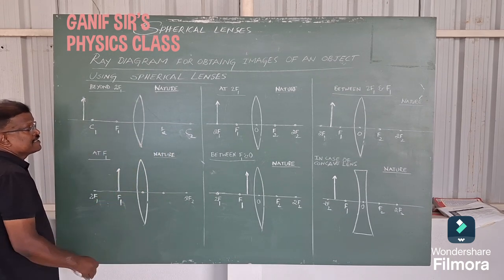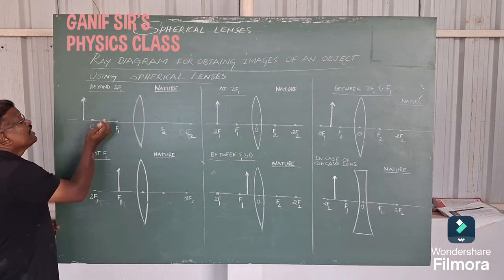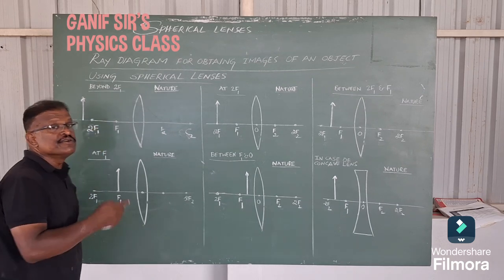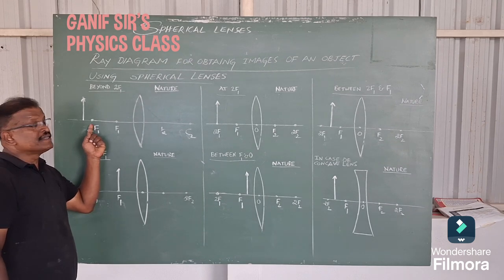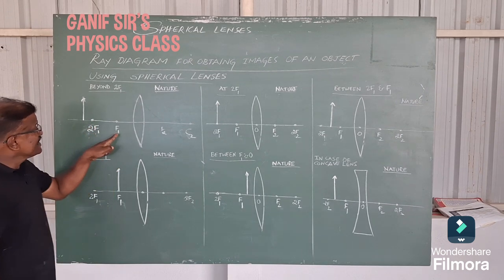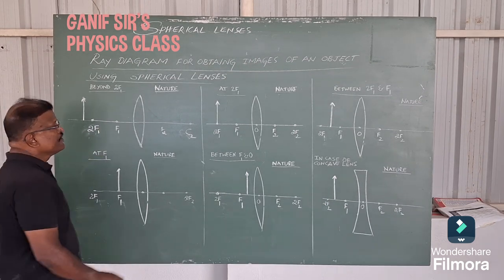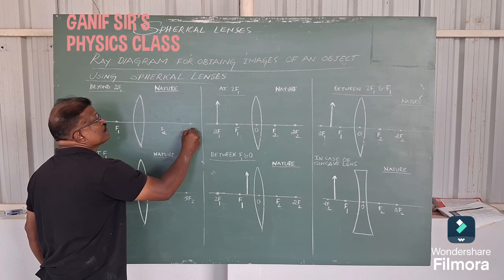And other thing, we are familiar that the spherical lenses have two centers of curvature. I replace this center of curvature with 2F1, as we know that the radius of curvature is twice the focal length. That's why here I replace this with 2F1, and this with 2F2.